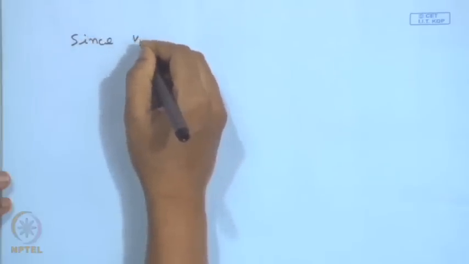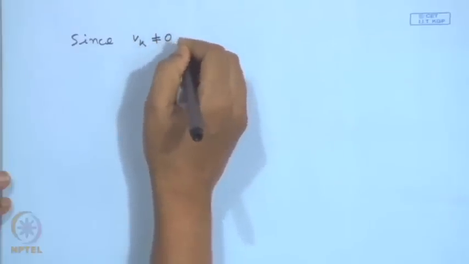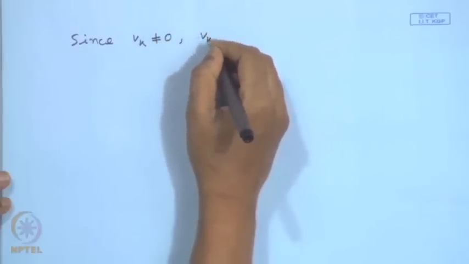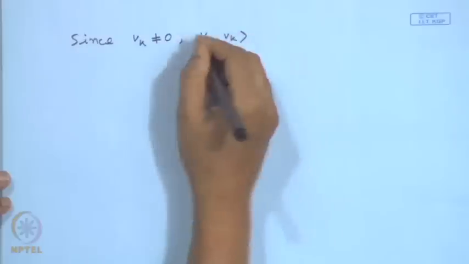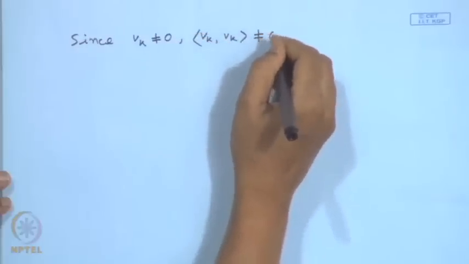So, then since vk is a non-zero vector, the inner product of vk with itself is also not equal to 0.